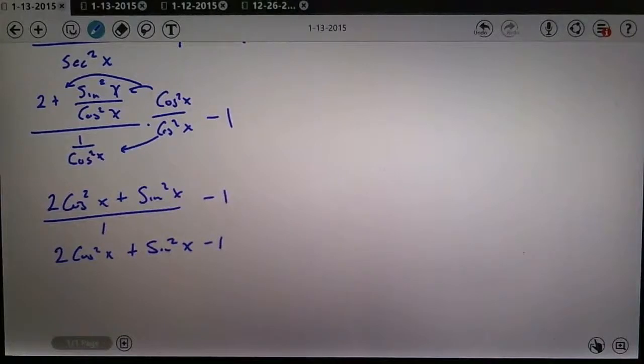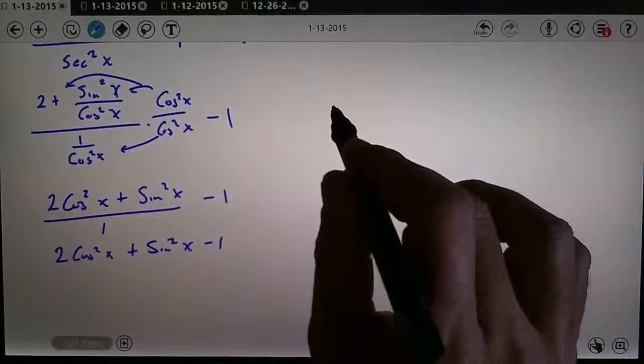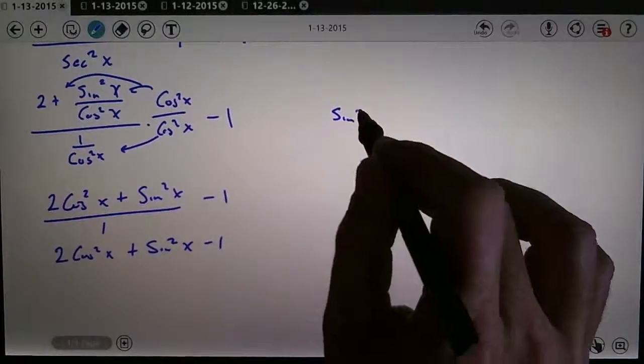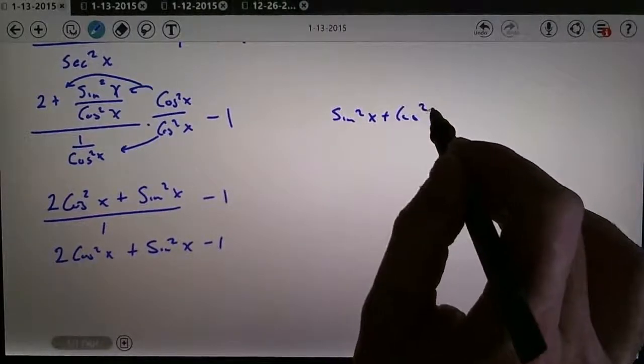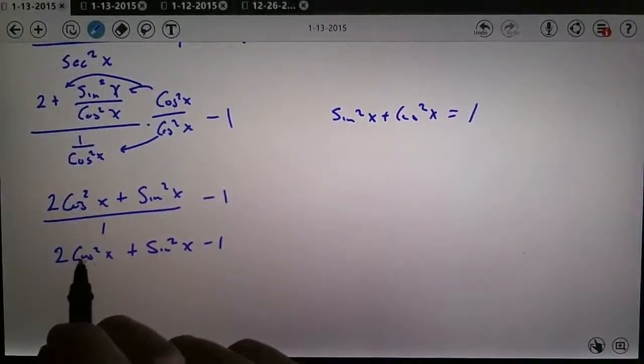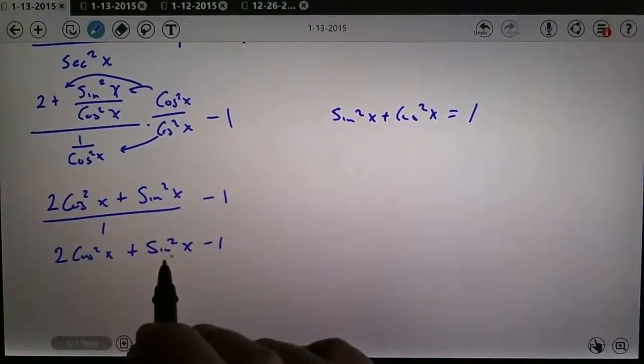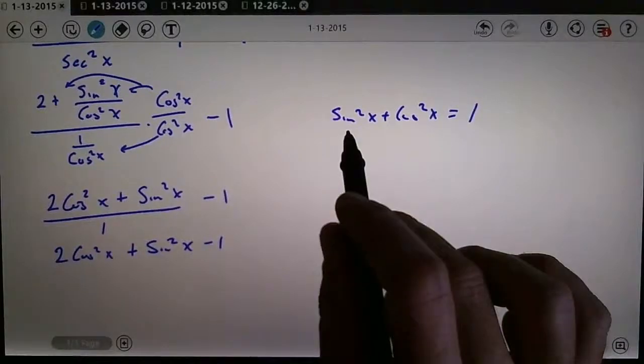Now, again, this is a matter of getting used to identities. One of the identities is the Pythagorean one, which is sine squared x plus cosine squared x equals 1. It's close. I got 2 cosine squared x here. There's a couple of different ways I can think of it. I also see a sine squared x minus 1.